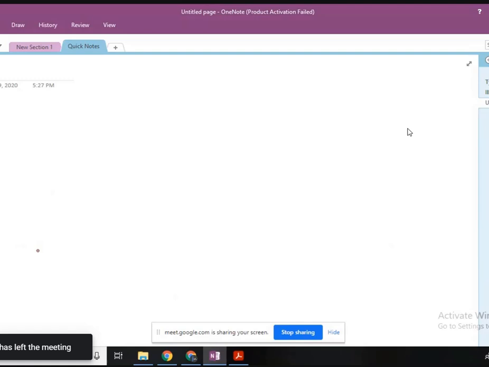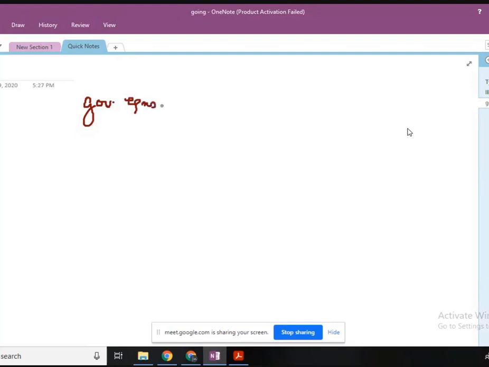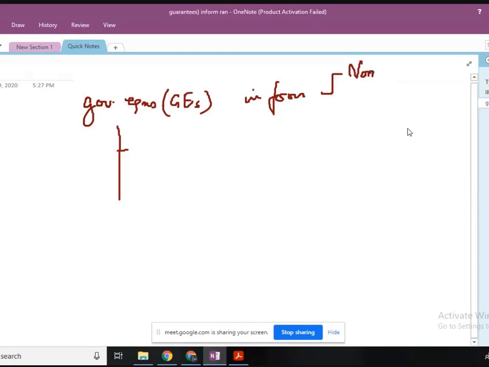So yesterday we were trying to understand the governing equations. I told you the governing equations could be in the non-conservative form or in the conservative form.